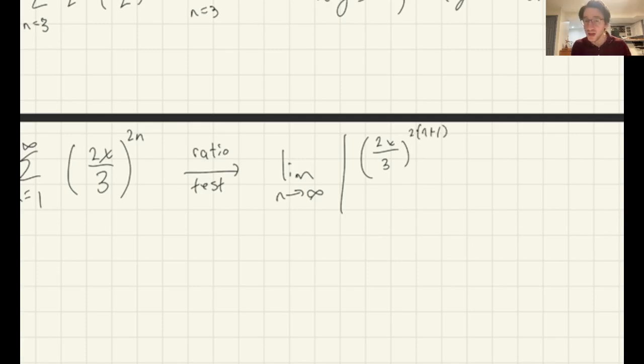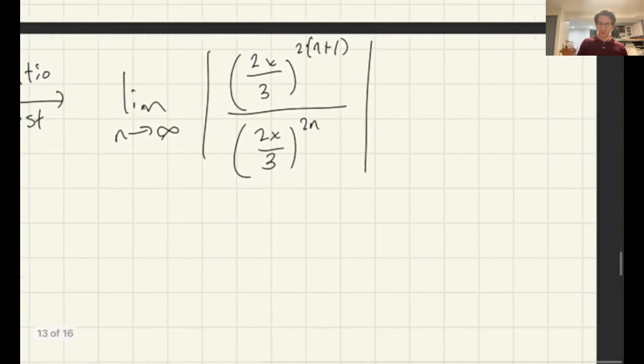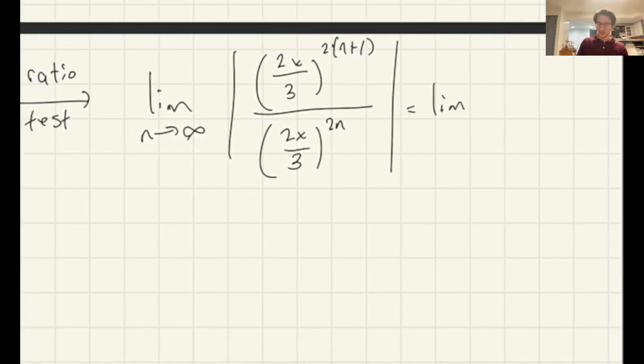Be really careful about that. That's going to make or break you here. When you substitute n plus 1 in for n, put it in parentheses. Over 2x over 3 to the 2n. Now, this is the same thing as the limit as n goes to infinity of absolute value of 2x over 3 to the 2n plus 2 over 2x over 3 to the 2n.